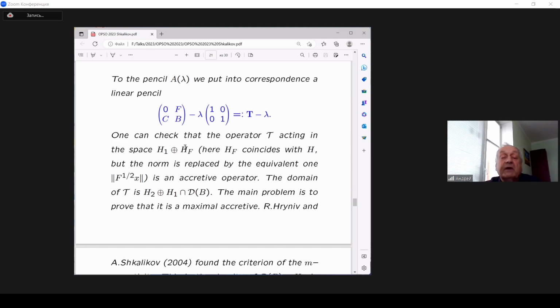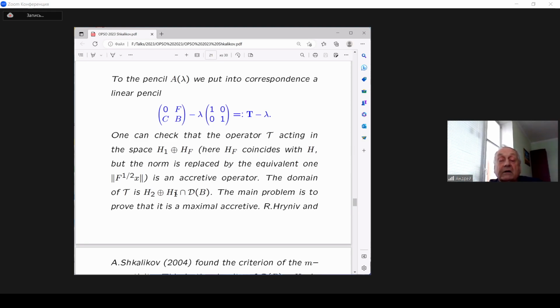So in this space, we can reduce the quadratic operator pencil to a linear one. And this operator, we denoted by bold T, is an accretive operator. Its domain, the domain of T, is equal to this one.